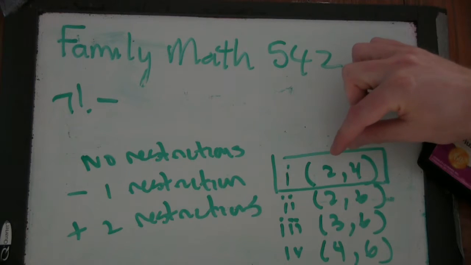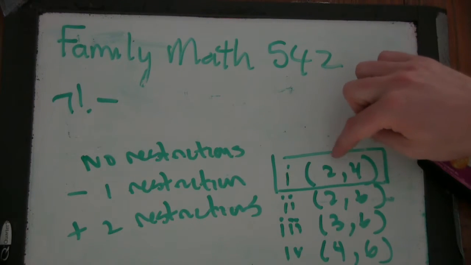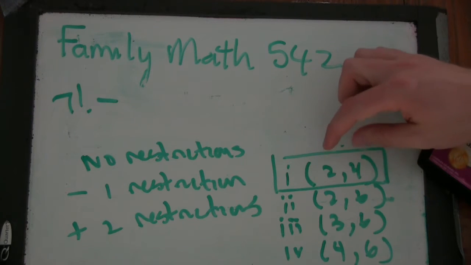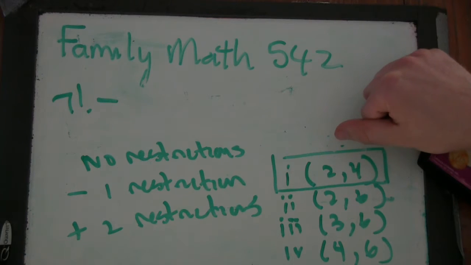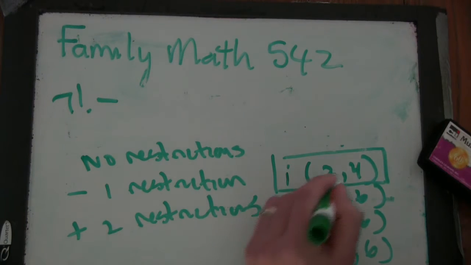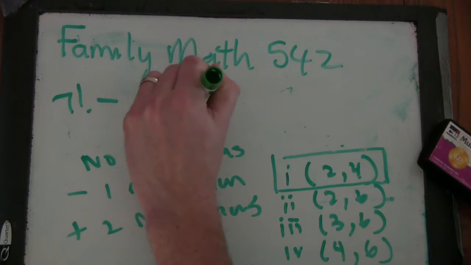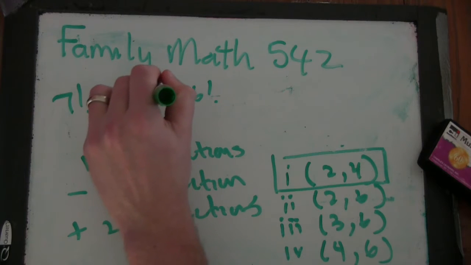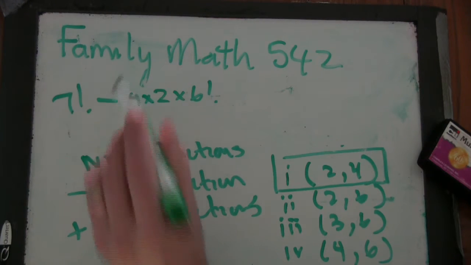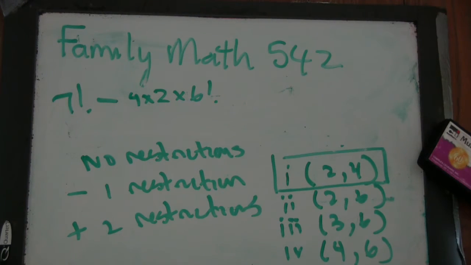We count it as if it was just one thing, the pair 2 and 4, but the pair 2 and 4 and the pair 4 and 2 are different. So for each one of these cases, I've got 2 times 6 factorial. And how many cases do I have? You have 4 cases. So I have to subtract away 4 times 2 times 6 factorial.